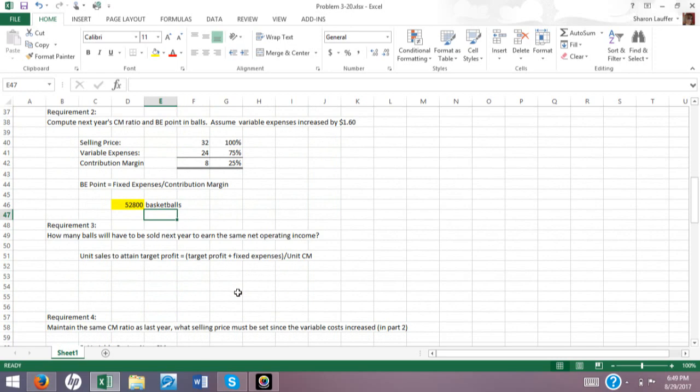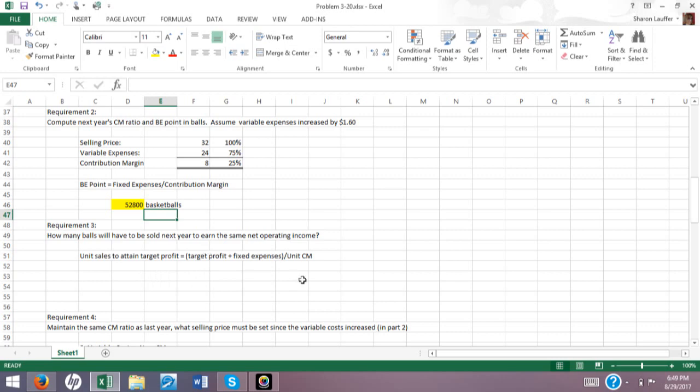All right, so requirement 3. How many basketballs will have to be sold next year to earn the same net operating income? This equation I gave you here, unit sales to attain target profit, almost looks like the break-even point.